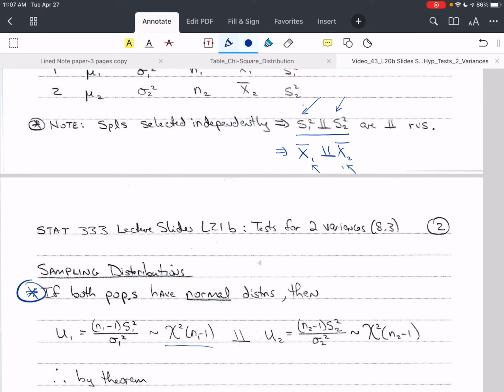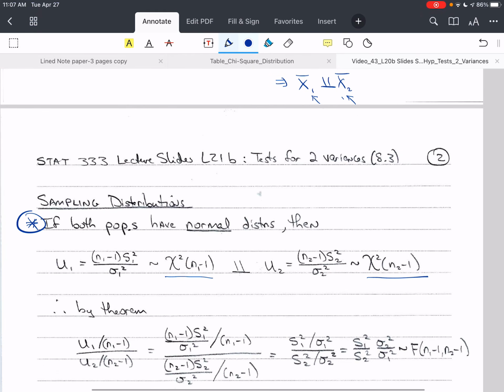And since S1 squared and S2 squared are independent, then these two ratios will be independent. And this same ratio, but for the second sample, will have a chi-squared distribution with N2 minus 1 degrees of freedom.